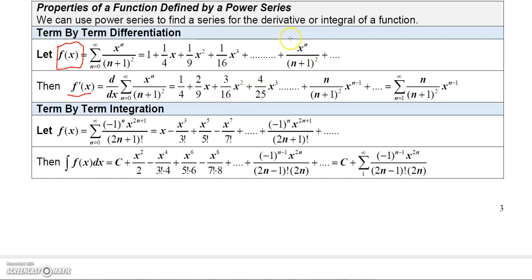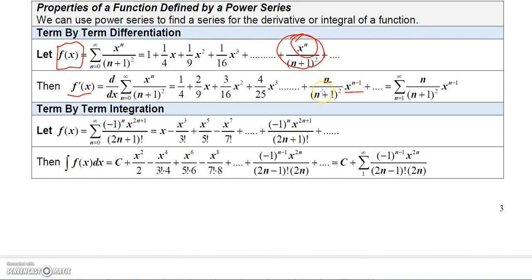And so if you look at the nth term, okay, well, we know that the (n plus 1) quantity squared in the denominator is just a constant. So actually, if we just took the derivative of x to the n, we would get n times x to the n minus 1 for the nth term of the derivative.